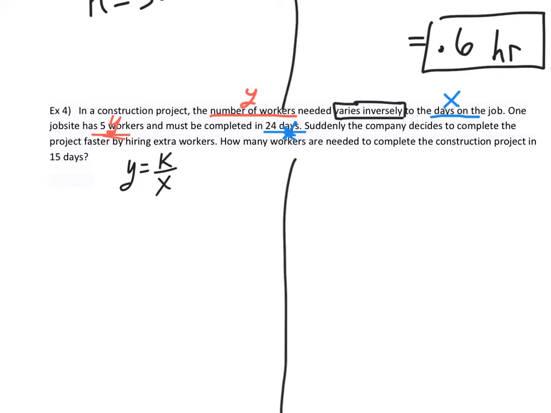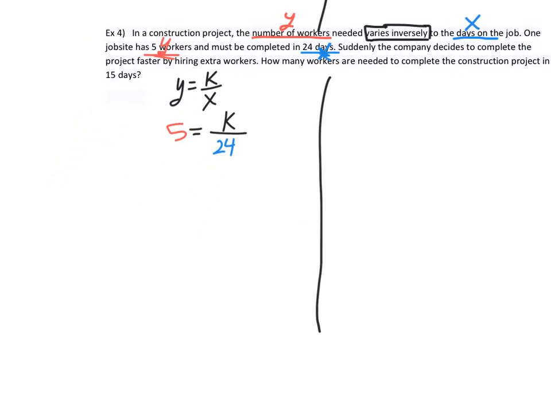It's inverse variation. The number of workers, 5 workers, when it needs to be done in 24 days. We do not know the constant, but we're about to find it. So when you multiply that out, you can do 5 over 1 and then cross multiply, but 5 times 24 is going to give us a constant of 120.